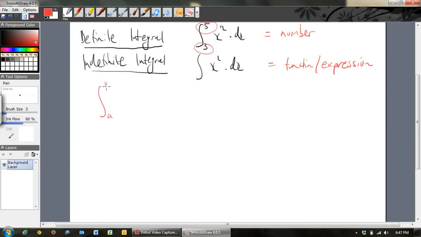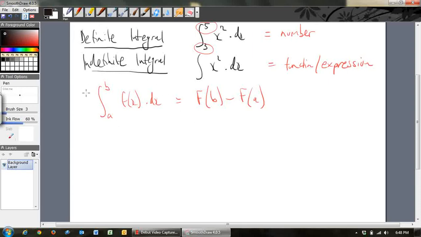When you're evaluating a definite integral between a and b of some f of x dx, what that is equal to is, when you integrate that, capital F of b minus capital F of a. In other words, you perform the integration as per normal, but then you substitute in the point b into the expression and subtract, substitute the point a into there, and you get F(b) minus F(a).